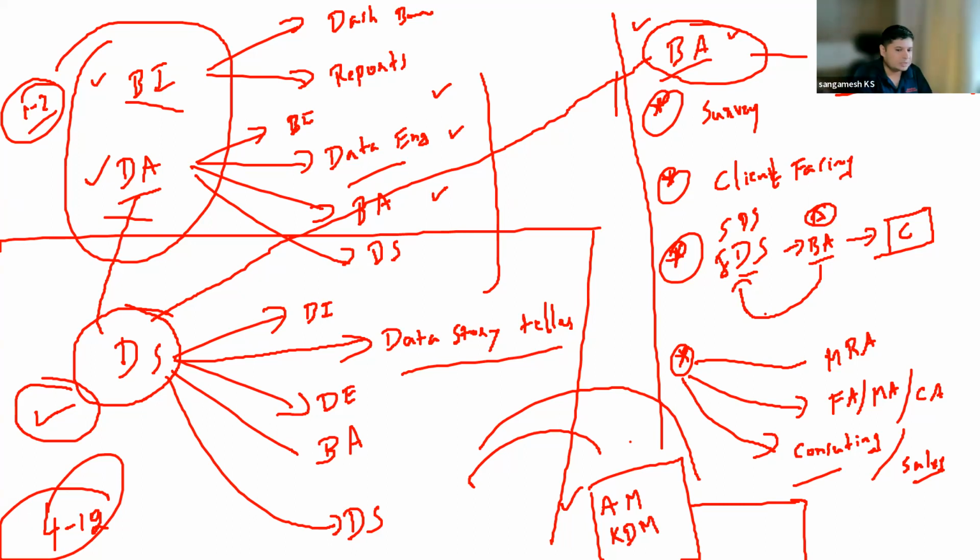There used to be a business analyst, a data scientist, and a data engineer who used to formulate a strategy, and all of us used to pitch our client saying this is the best solution. Then when the business gave an approval, we used to work on that.